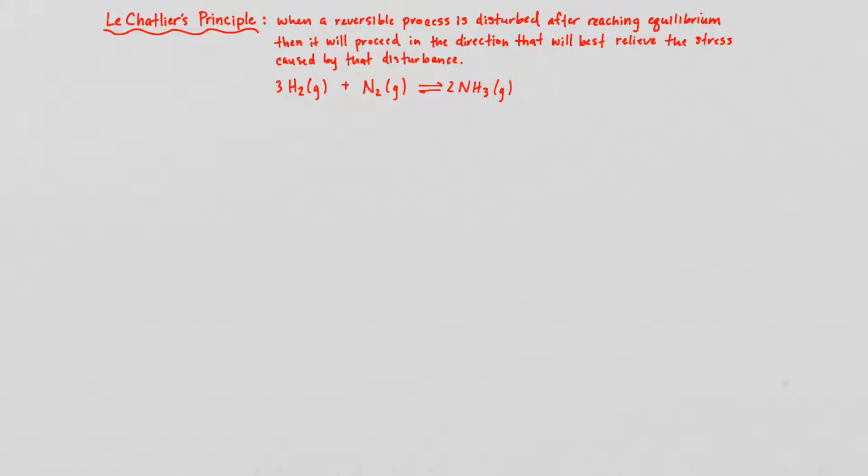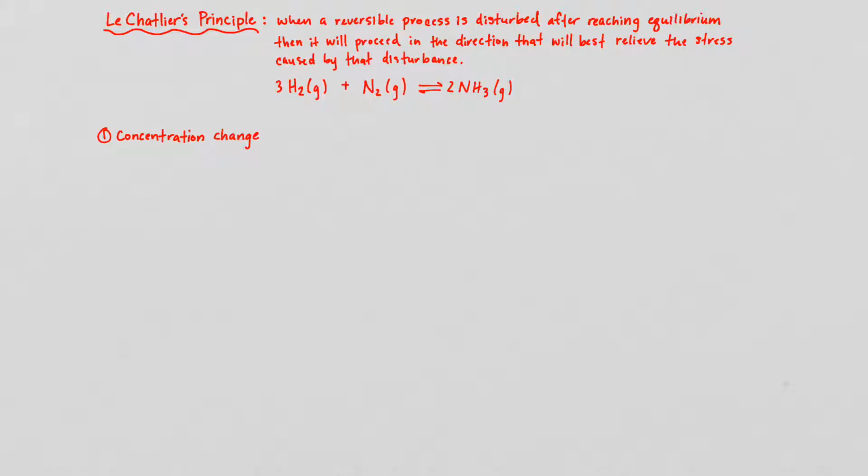But if you disturb this reaction, for instance, you change the pressure, you change the temperature, you add a certain gas to either the reactants or the products, then that introduces a disturbance. One of the 3 disturbances that we're going to talk about is a concentration change.